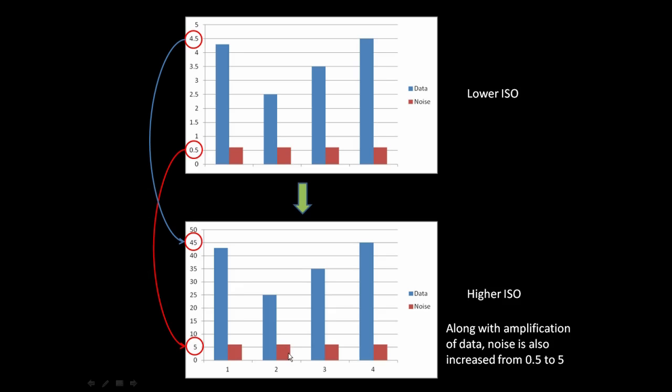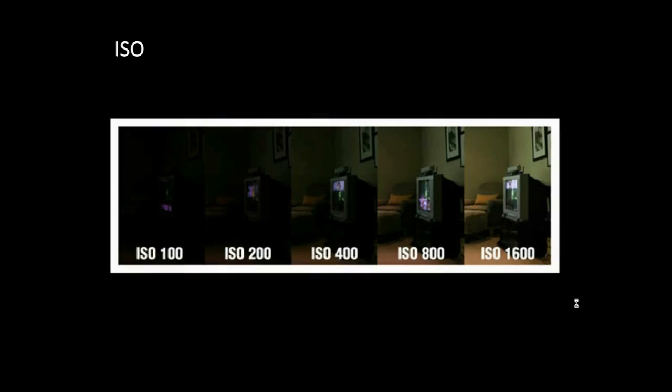So this is how noise is introduced when you increase your ISO setting. Here is an example of a picture taken at different ISO: 100, 200, 400, 800 and 1600. In the picture taken at 1600 ISO, you will notice a lot of grains and noise.